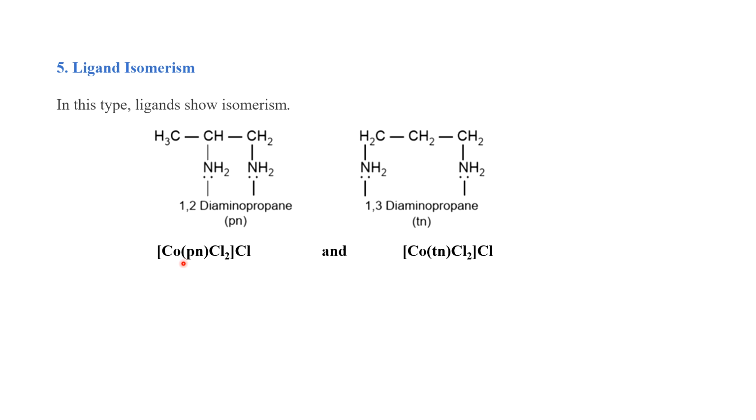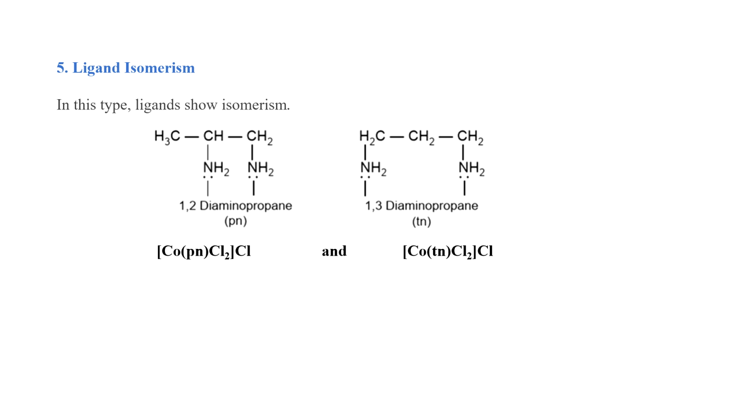So when these make a complex with cobalt, the formula is also the same. So as a whole, this one and this one, the formula is the same, but isomerism is shown where? In the ligand system. That's why these two will be called ligand isomers.